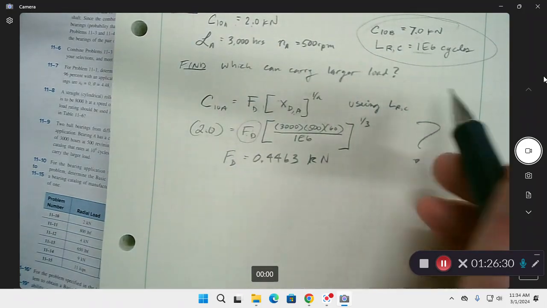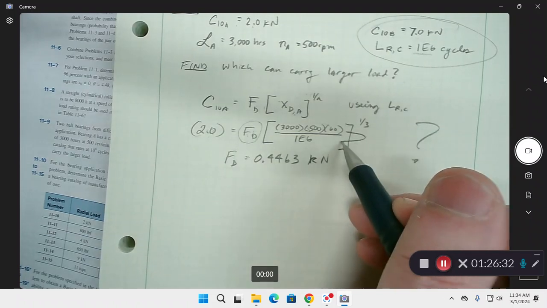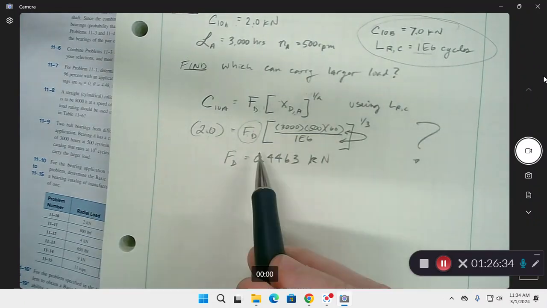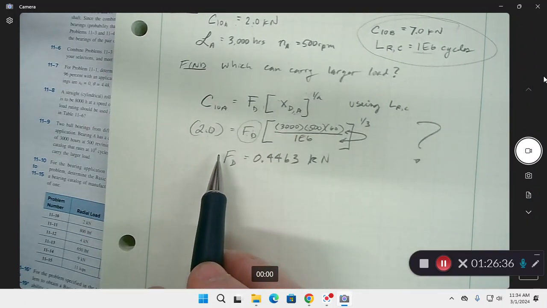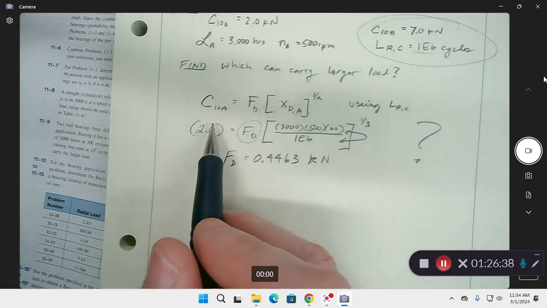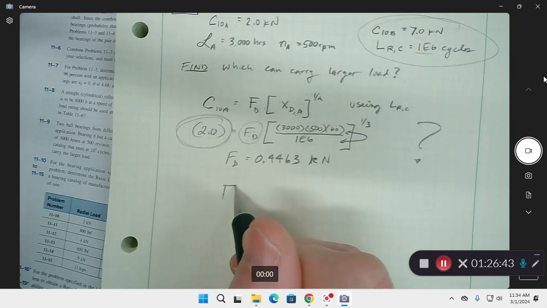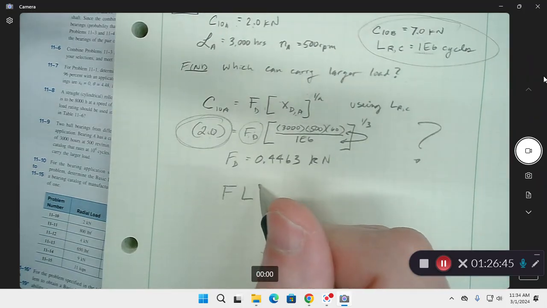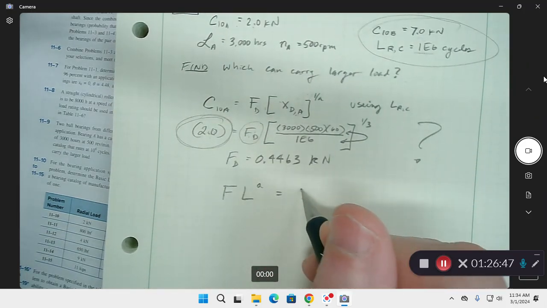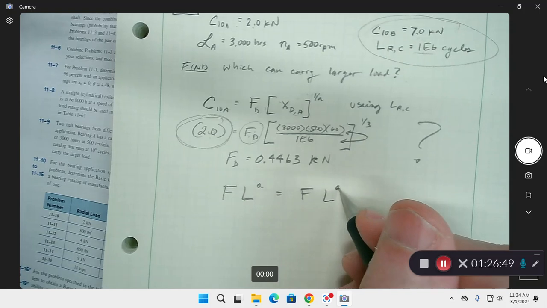Yeah, that's what I did right here. I got it flipped. What I should have done was to say, if the catalog is right here, okay, let me just go this way. FLA is equal to FLA.